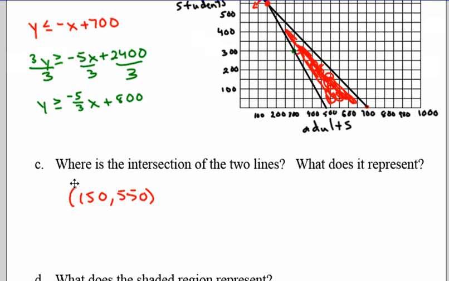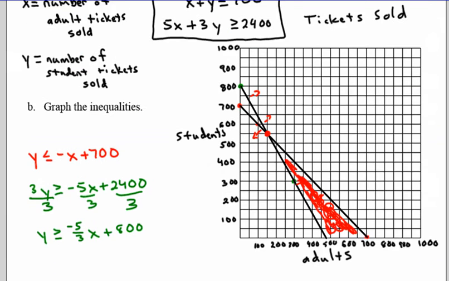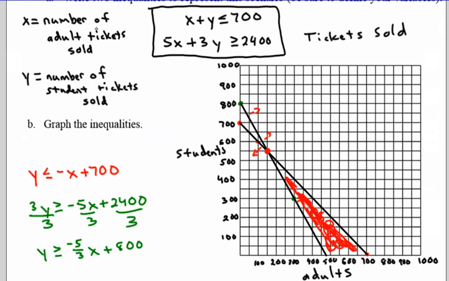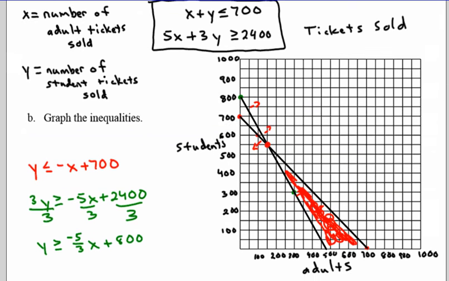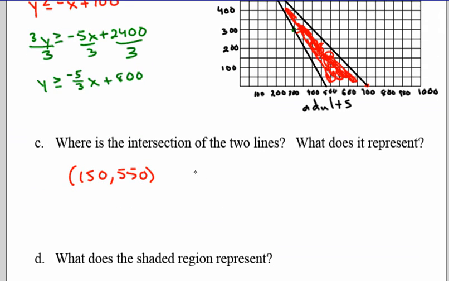Okay, now x is the number of adult tickets sold, y is the students. So that means they intersect when they sold 150 adult tickets and 550 student tickets.